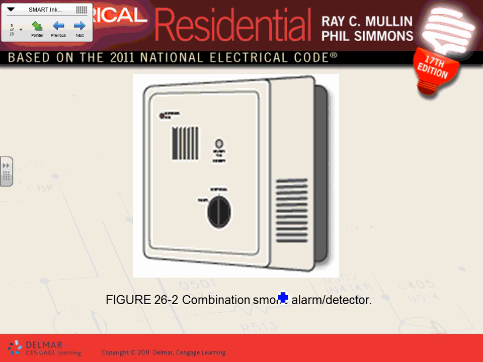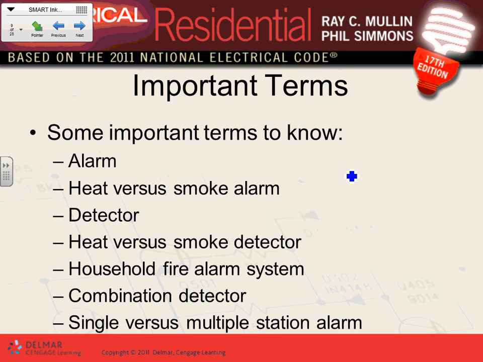Combination of smoke alarm and detector. Okay, important terms to know when we talk about the fire alarm system, guys. When we go to the commercial, Jeff, my friend, and Zach, we bring fire alarm low voltage contractors, and they give a full spiel on fire alarm control for the whole building. You're going to hear it from the mouth of the lion, like you say. But this is just a quick list of important terms you need to know.